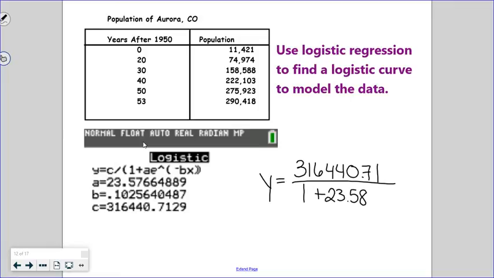E raised to the, and this is where you have to be careful because B is not a negative number, but the function puts a negative on it. So negative 0.1, 0. X or T, I could care less what variable you use there as long as you put a variable in there. Questions? Fancy word for model. Write your equation.